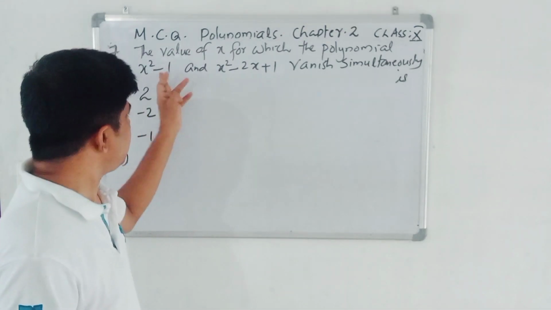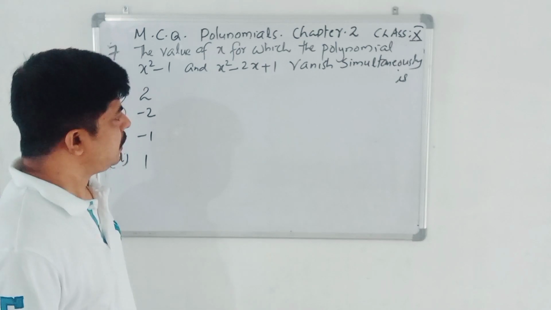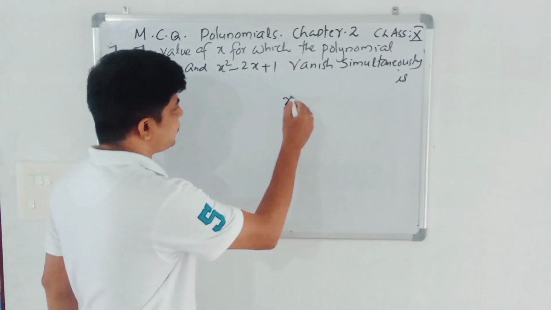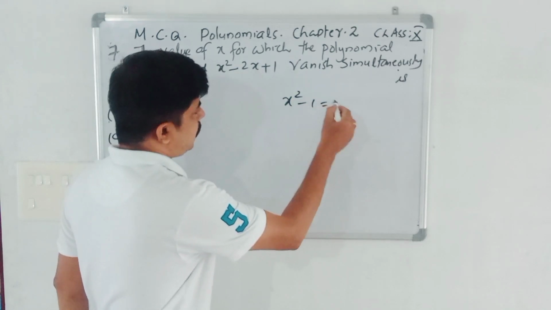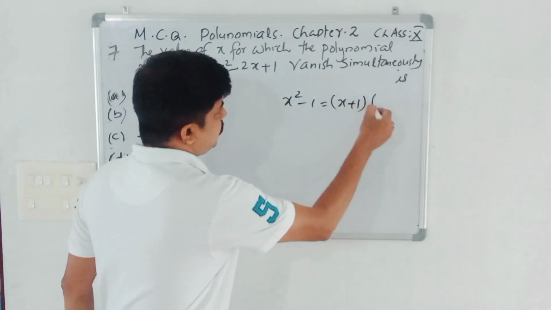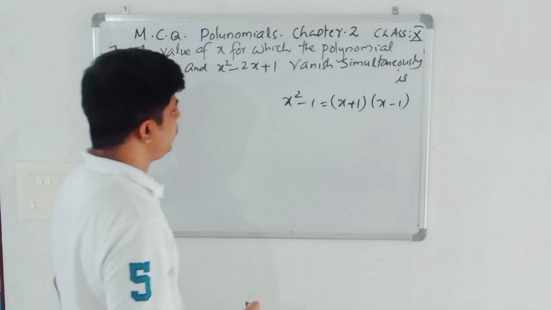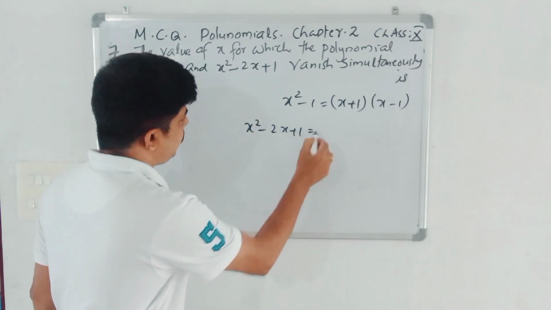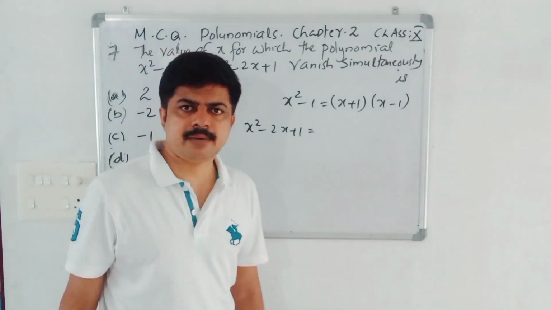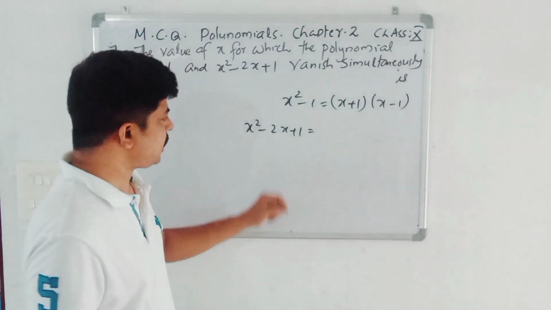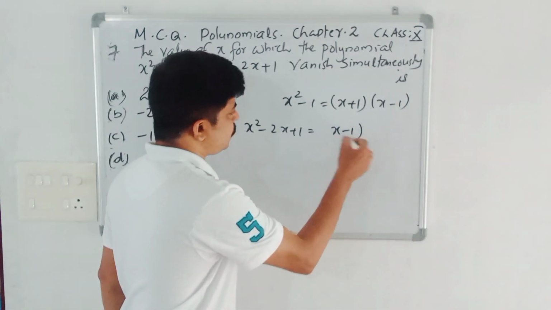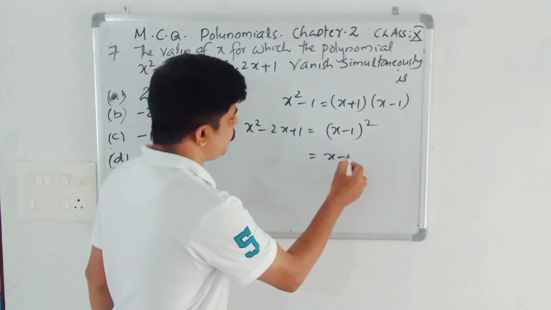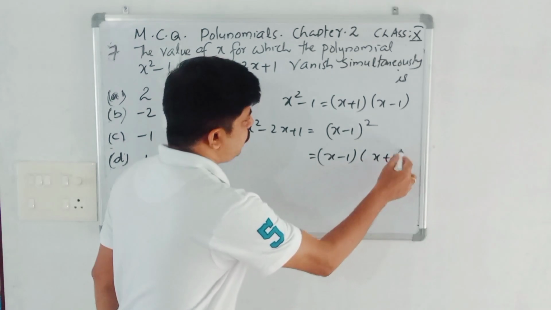Let us factorize and see the common factor. x square minus 1 uses the a square minus b square formula, a plus b into a minus b, so it is x minus 1 and x plus 1. Then x square minus 2x plus 1 uses the a minus b whole square formula, so it is x minus 1 whole square.